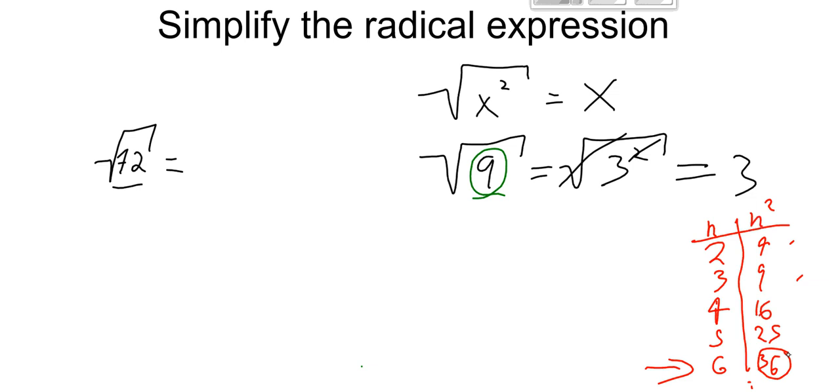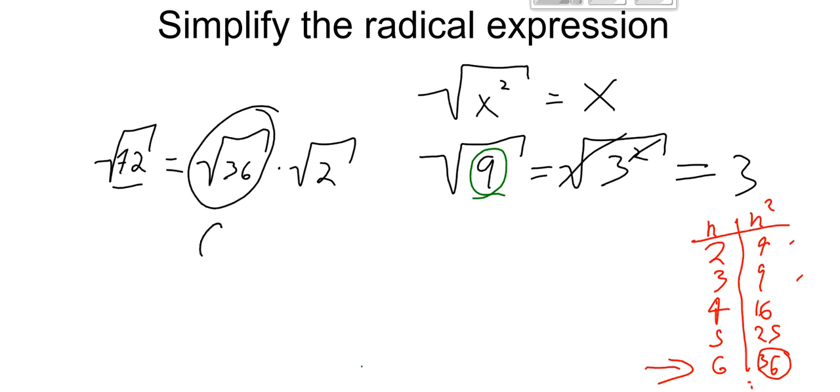Since it's divisible by 36, I can rewrite the square root of 72 as the square root of 36 times the square root of 2. The square root of 36 is 6, and then we just have the square root of 2. There are no other factors that go into 2, so I know it's in simplified form.